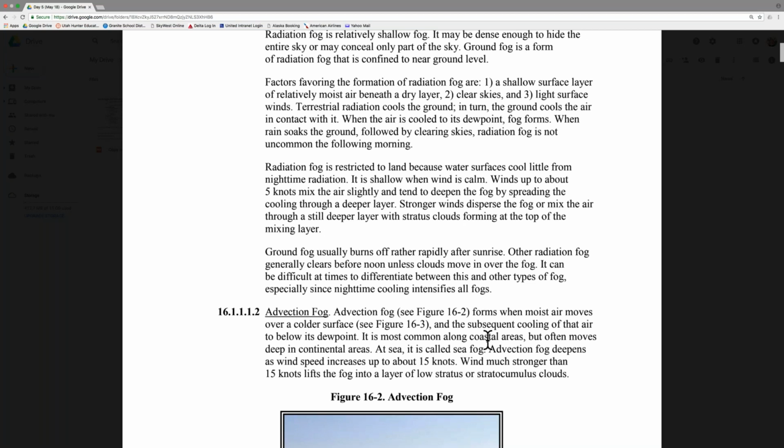So what happens is we can still dispatch, but the pilot, let's say he gets to the destination and the ceilings are reported lower than our minimums, then he can't even start the approach.